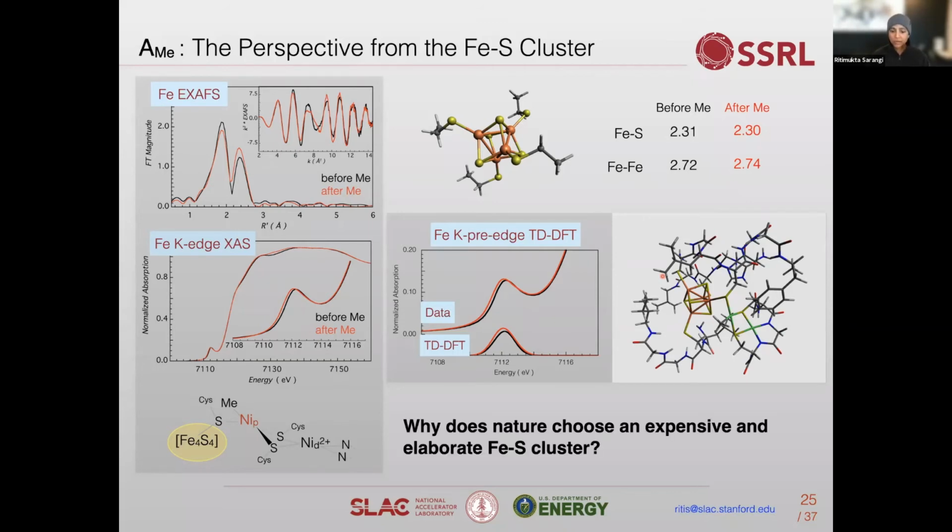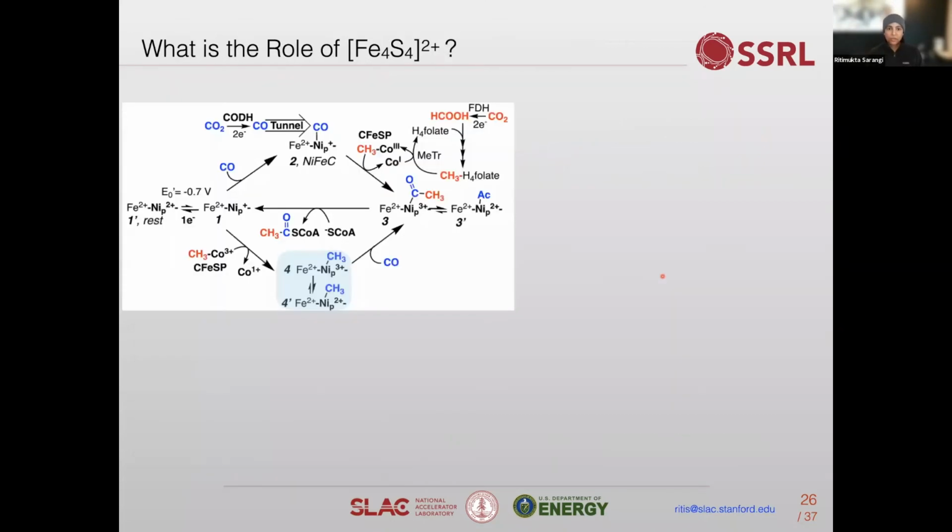So then, why does nature choose an expensive and elaborate iron sulfur cluster if it's not doing anything in CO binding and methyl binding, right? Like, what's its role? And so here is where we really turned to DFT to look at this intermediate, which we don't trap, but we feel gives us a clue to the role of the iron sulfur cluster.